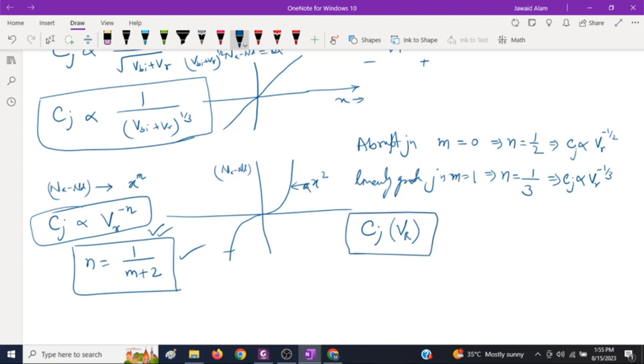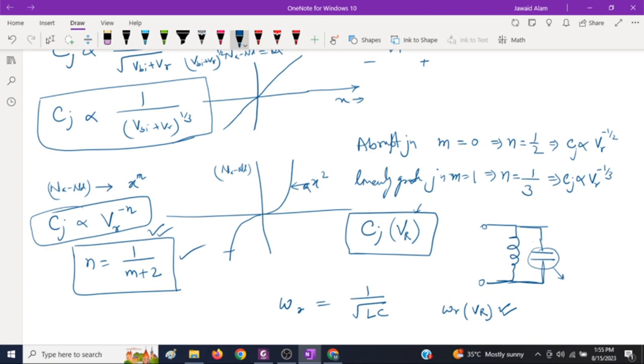Because the capacitance is changing with reverse bias, if we use it in an LC circuit, then the resonance frequency depends on L and C. Omega R is equal to 1 by root over LC, and hence omega R can be a function of VR. So we can change the resonance frequency just by applying a voltage over here. Here this capacitor will actually be a diode, or Varactor diode.